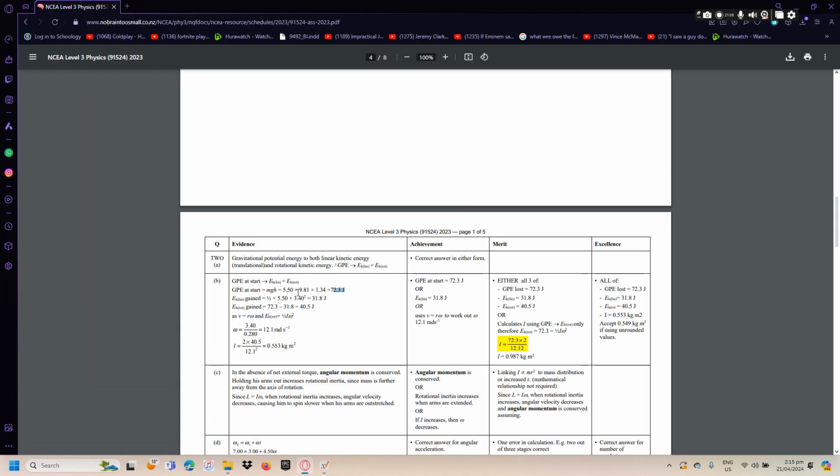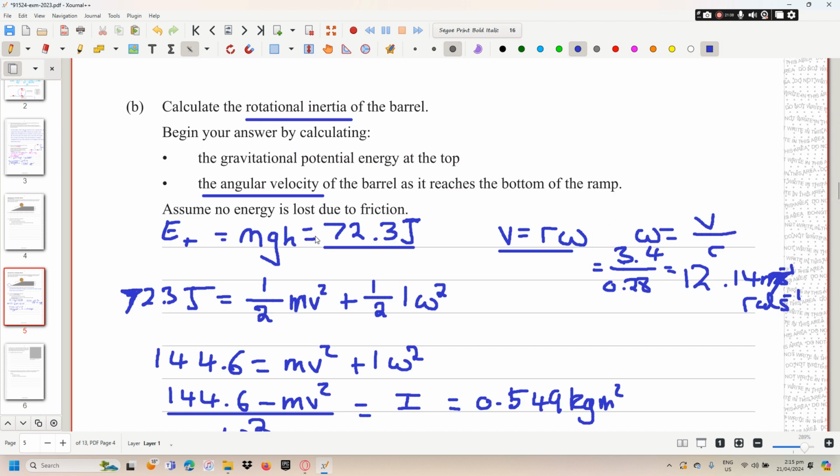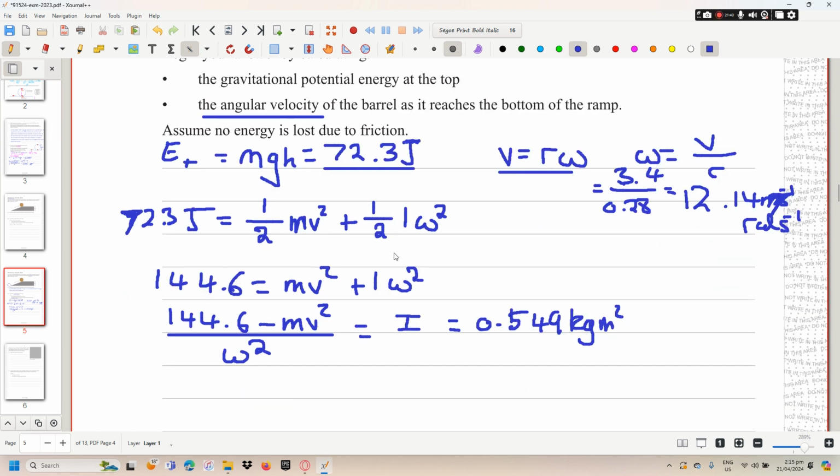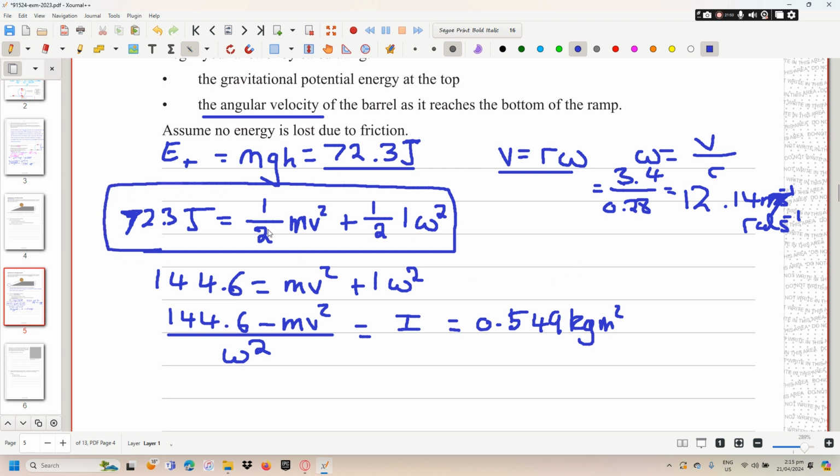The way they did it, they calculated each piece, the kinetic energy gained and lost, and put it together, but this is just the quick way of doing it, I guess. Once you have this equation, you know the mass, you know the velocity at the bottom, you know the angular velocity at the bottom.